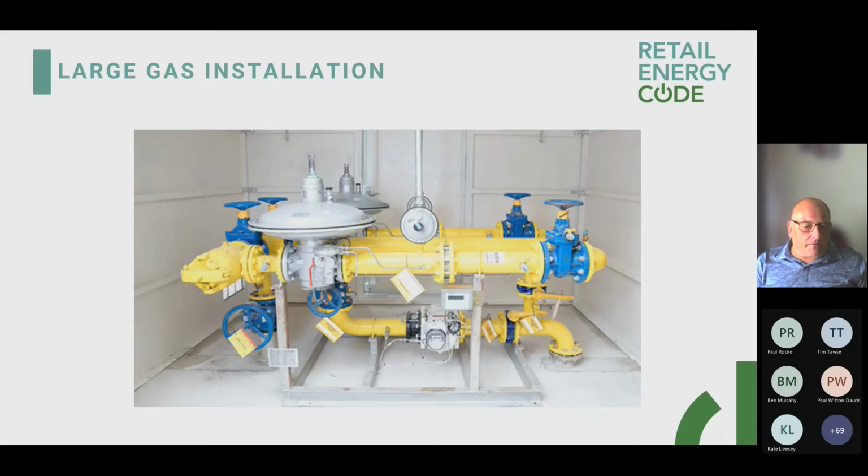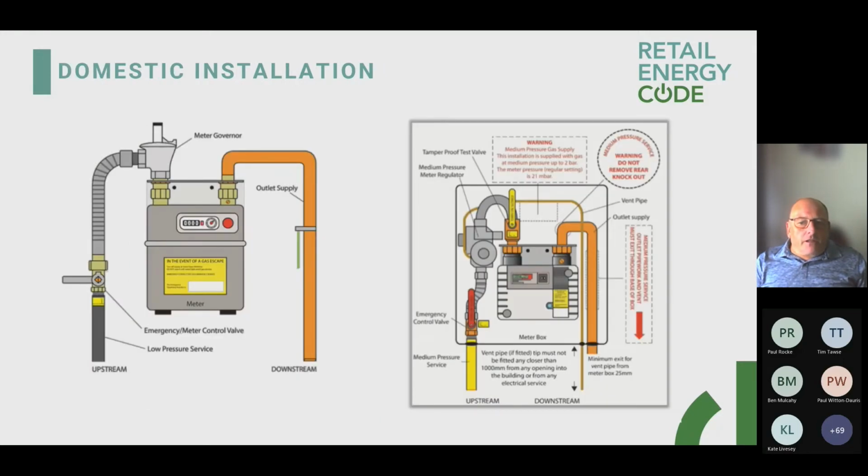If you go on to the next slide, Amelia, this is potentially what you're more used to seeing. And I'm going to use some terminology that you'll probably hear within the gas industry that you may not be aware of. So you'll see on the bottom left of that left-hand meter, it says upstream.